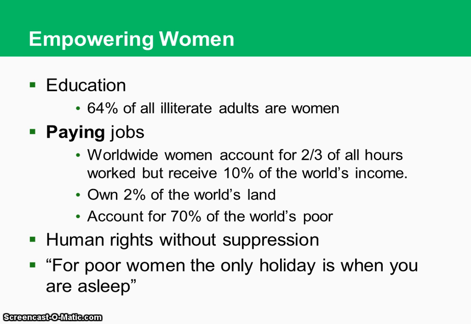64% of all illiterate adults are women, so you can see there a discrepancy. Women need paying jobs to be empowered. Worldwide, women account for 2/3 of hours worked, but receive only 10% of the world's income. They own only 2% of the world's land and account for 70% of the world's poor. So there is a huge discrepancy between what women have and what men have.